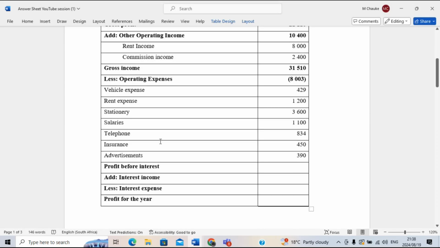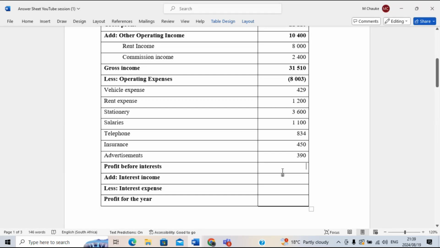So now we are going to calculate profit before interest. Profit before interest is going to be 31,510, which is your gross income minus your operating expenses of 8,003. Then you'll get your profit before interest.